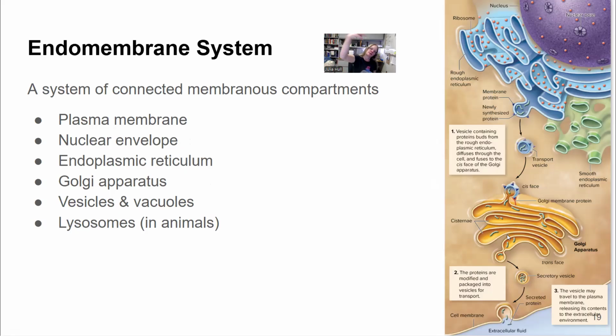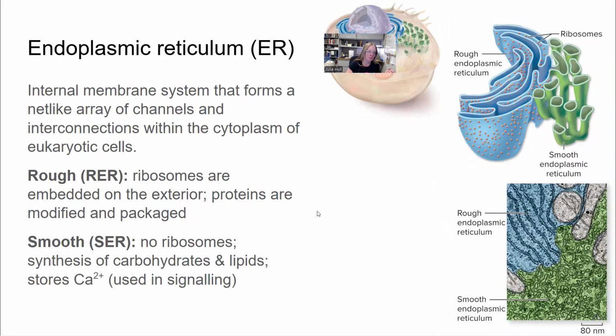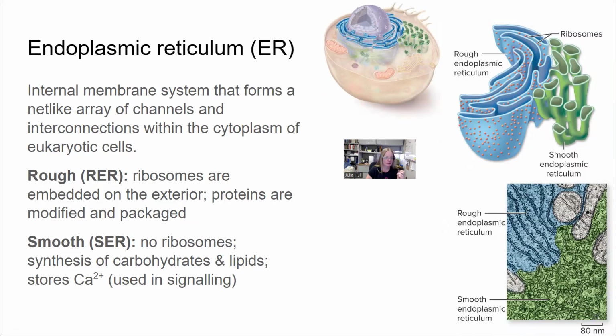So all the raw materials are coming in, it's sorting, labeling, and then sending out the vesicles and vacuoles, which are like the little delivery trucks that are taking the stuff you ordered from Amazon to your actual house. And then we'll talk about lysosomes that we find in animals, and then how plants do the same function because they already have something else that they use. All right, so let's get into the details of this.